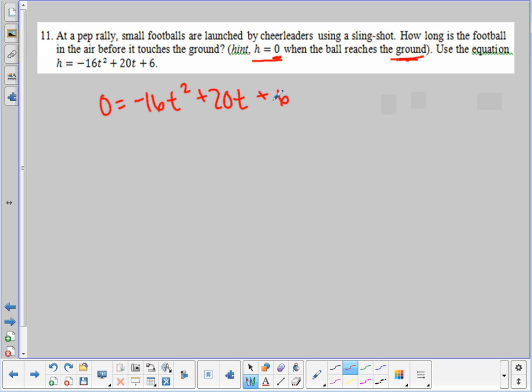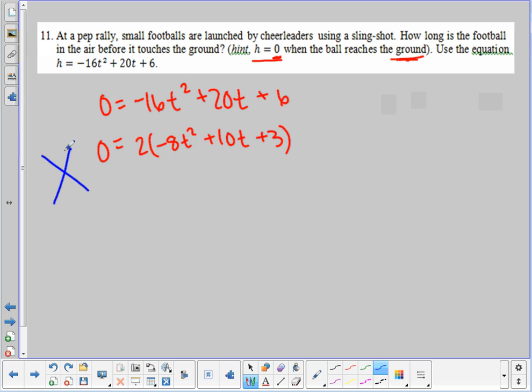So I need to factor this, but one thing that I recognize before I even start factoring is the fact that there's a GCF here. I'm going to divide all of these things by 2, and when I do that, that's going to make my factoring a little bit easier. So I have 2, and then I have the negative 8t squared plus 10t plus 3 instead. Now I can figure out my factors.